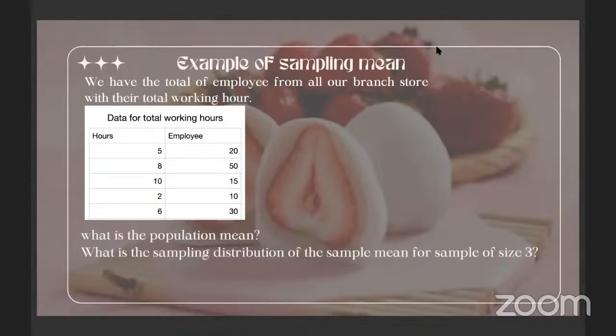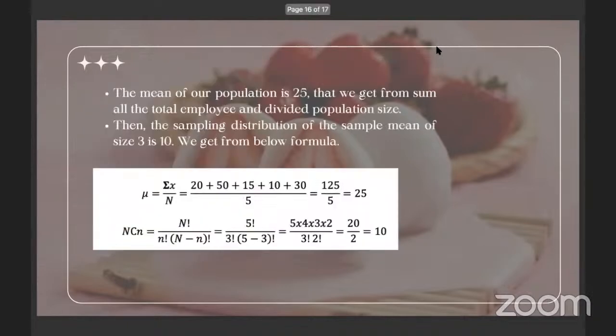From this example, what is the population mean and what is the sampling distribution of the sample mean for a sample of size 3?